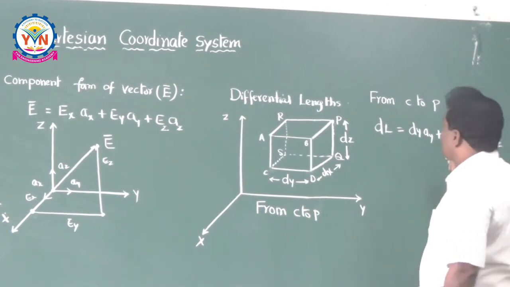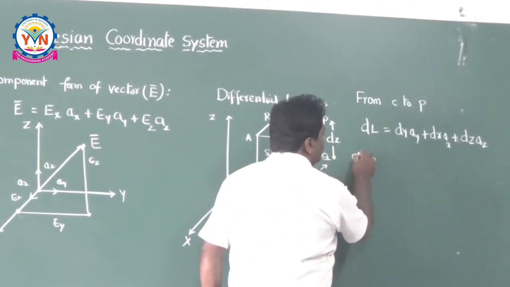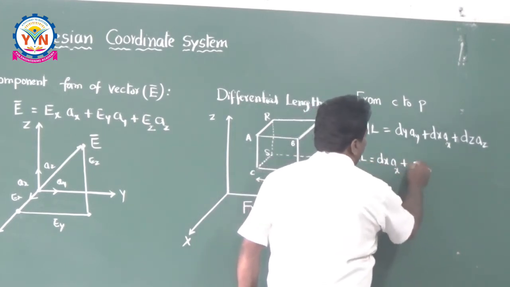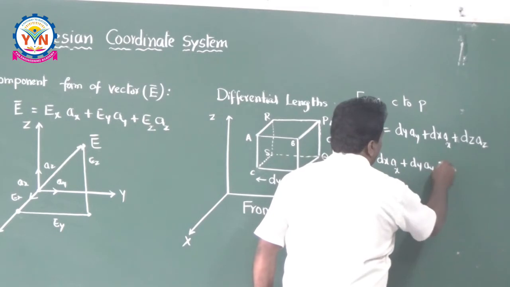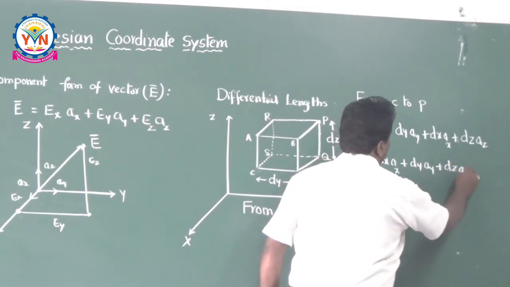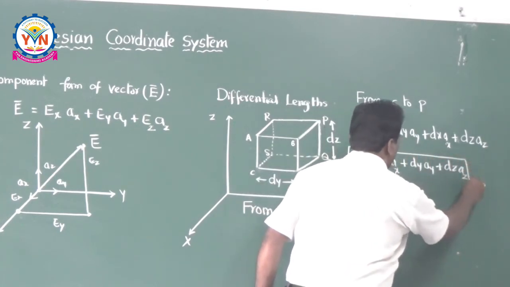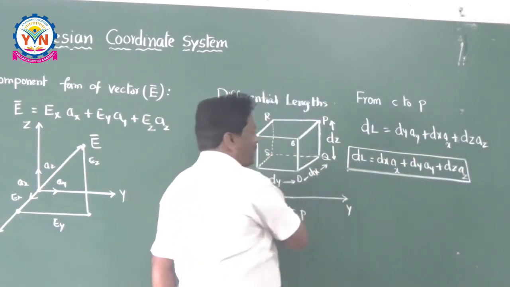So rearranging it properly, I can say differential length is equal to dx ax plus dy ay plus dz az. This is nothing but the differential length. And you can ask me, sir, what is the use of this differential length element?